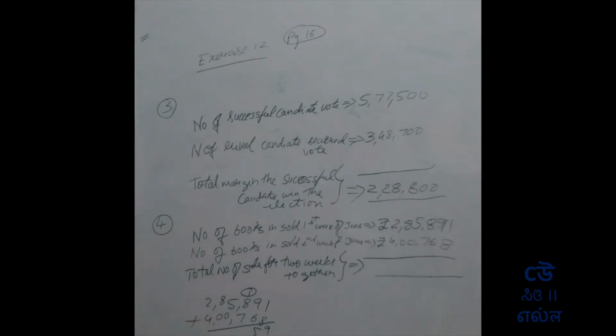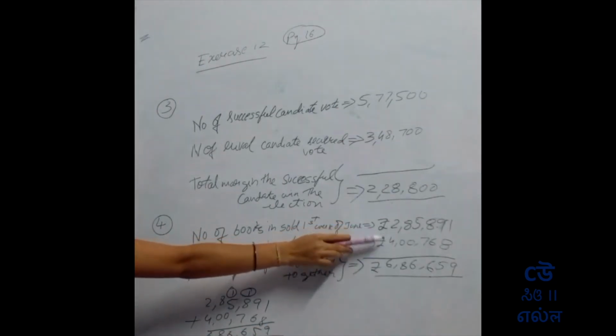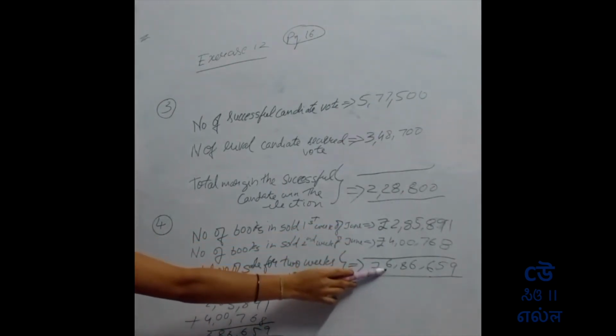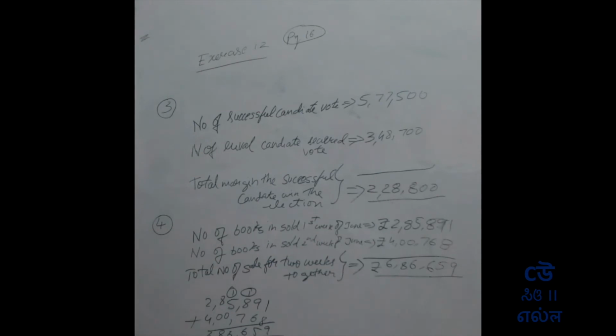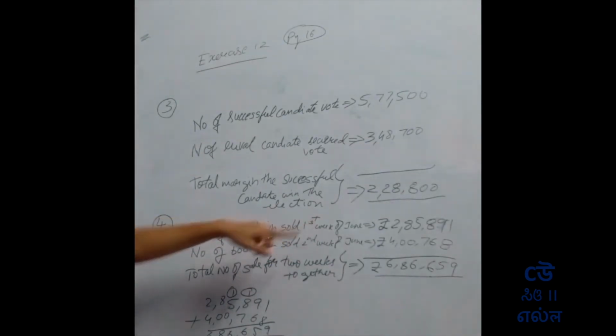Next 8 plus 1, 9, 9 plus 7, 16, 5 plus 1, 6, then 8, 4 plus 2 is 6. This is the answer we got if we add these two numbers: 6,86,659.